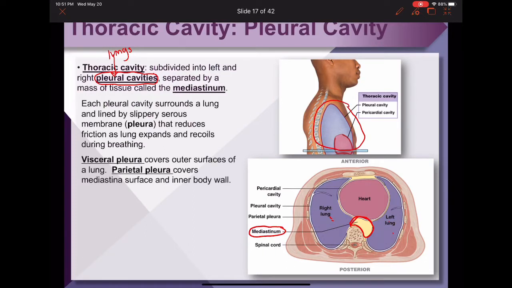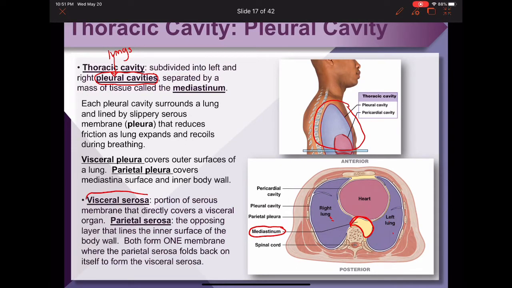Now remember, we talked about what viscera refers to: your internal organs. The serous membrane has two layers, as I've demonstrated. The layer that covers and is directly in touch with the organ is called the visceral layer, or visceral serosa, whereas the outer layer that may be attached to the cavity wall is called the parietal layer, or parietal serosa.